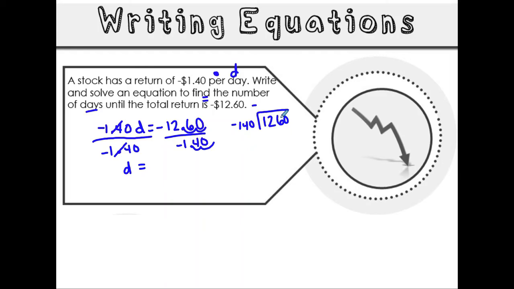So I need to make a guess. I'm thinking maybe 8 times. Not exactly sure, so I'm going to need to do a little guess and check off to the side. So 140 times 8. Let's see, 0 times 8 is 0. 8 times 4 is 32. Carry the 3. 8 times 1 is 8 plus 3 is 11. Okay, 1,120.